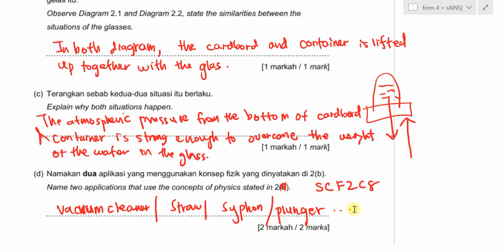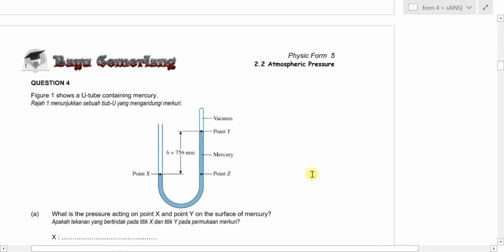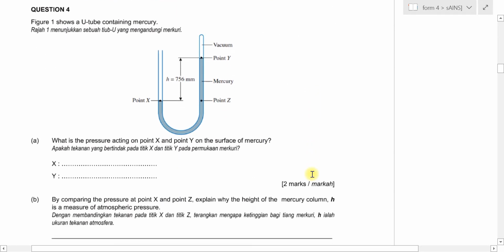Okay, next question. Question 4. They show you a U-tube containing mercury, using the same liquid. If a different liquid is used it will be much more complicated, but both ends of the tube are mercury, but they are not equal in length.